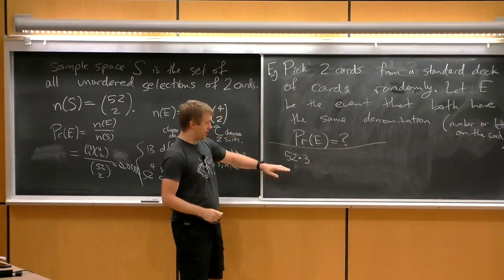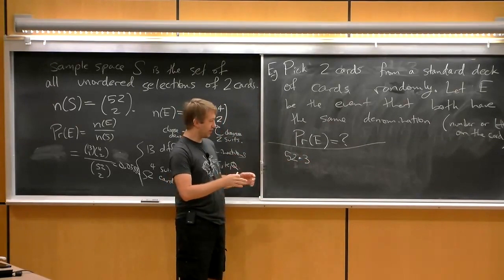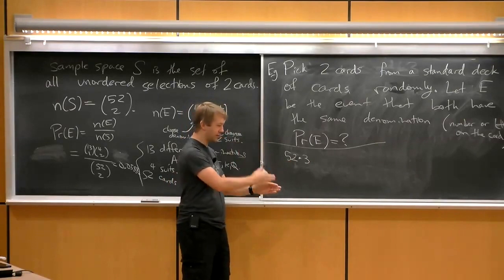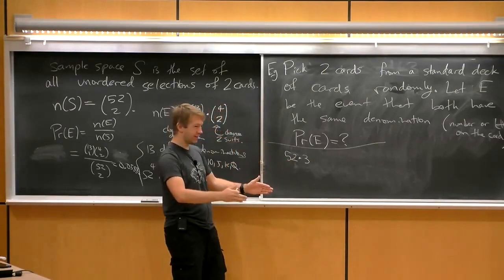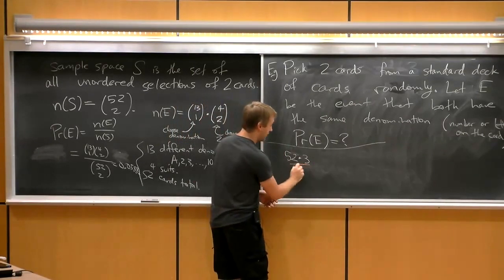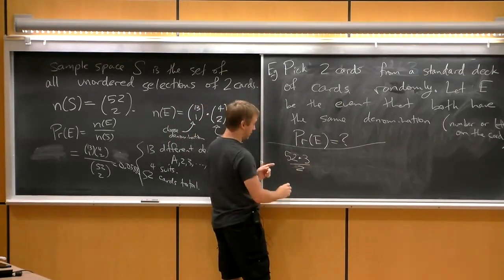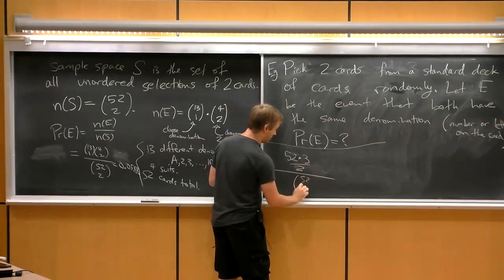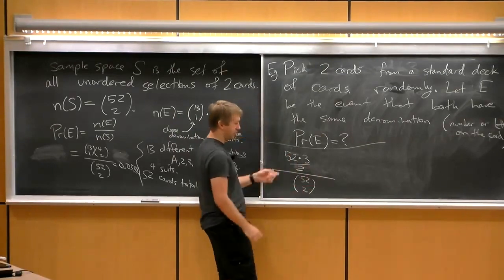However, this is counting an ordered selection. Suppose I pick the ace of spades first and then I pick another ace. If it came in the other order, it'd be the same. So if you divide that by 2, that would be okay. If I take that as my numerator and do 52 choose 2, you'll actually get the same answer.